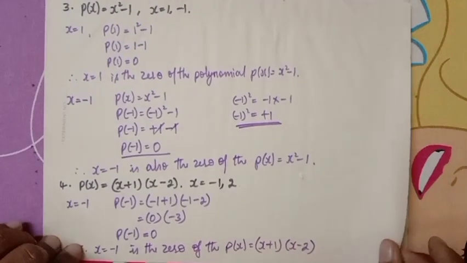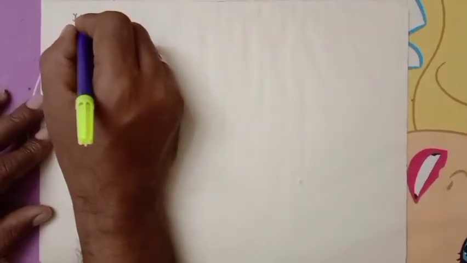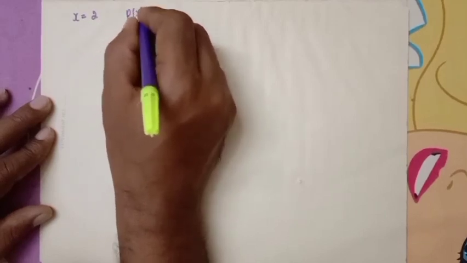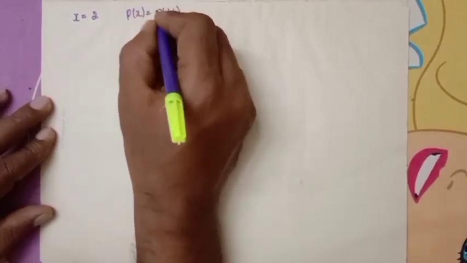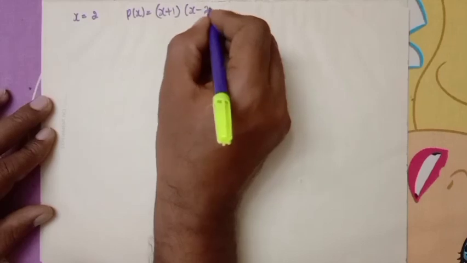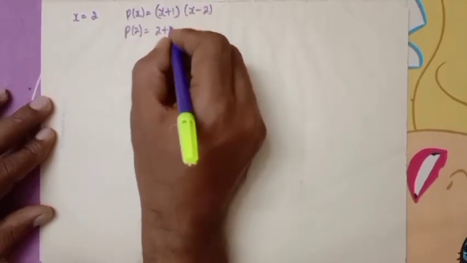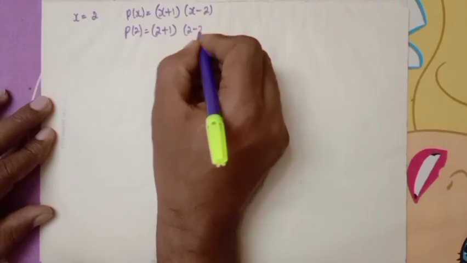Let us move on to the second case, x is equal to 2. So the case is p of x is equal to x plus 1 into x minus 2. So p of 2 is equal to 2 plus 1 into 2 minus 2.